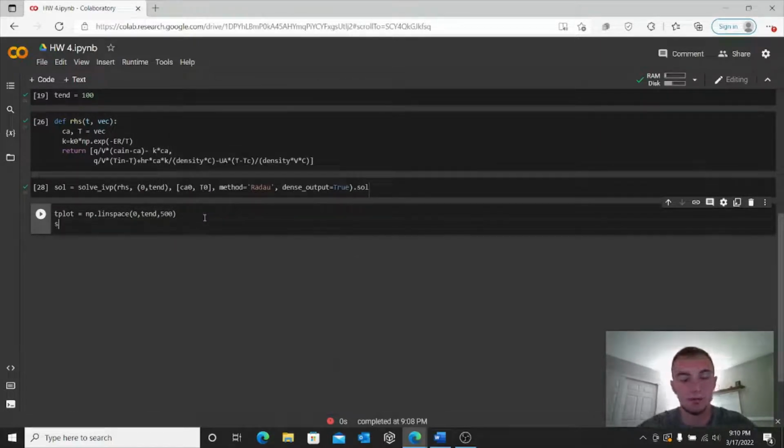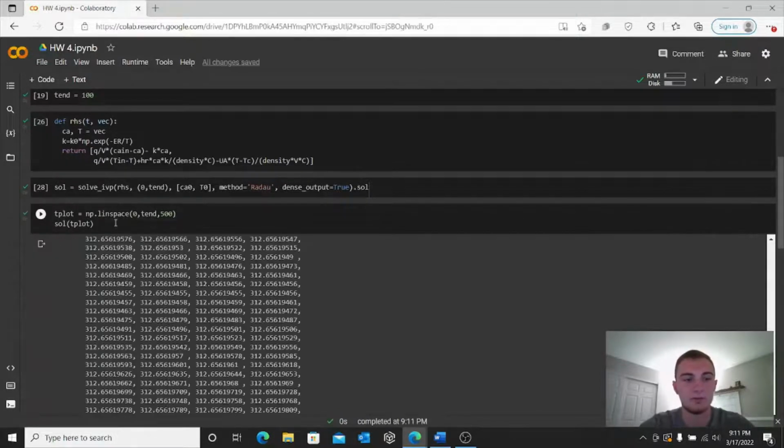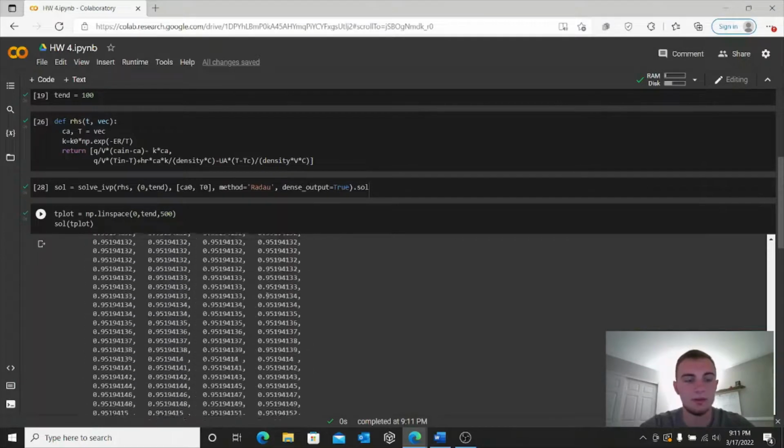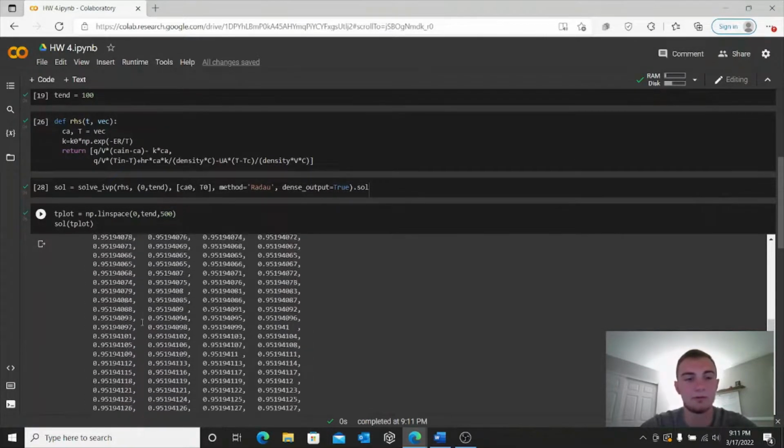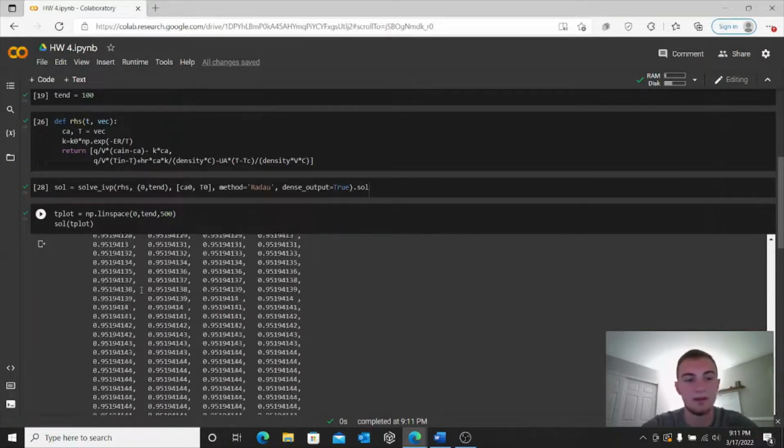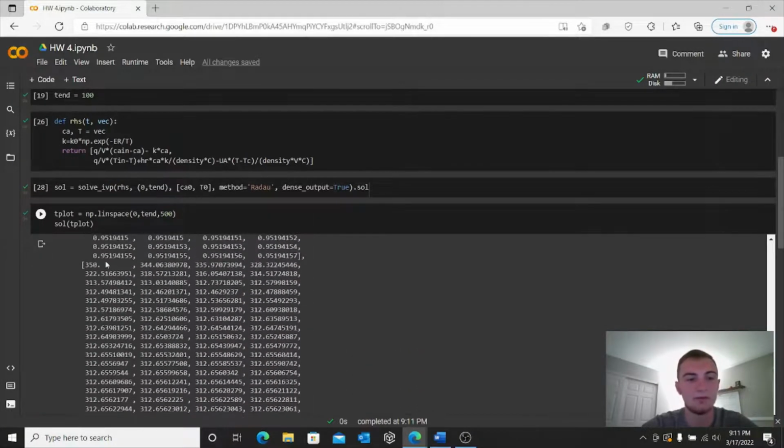After this, let's look at our solution, just to see how it gives us our values for Ca and our temperature. If we look here, we notice that we have two different sets of values. The first one looks to be the concentration of A, and the second one it provides is the temperature.